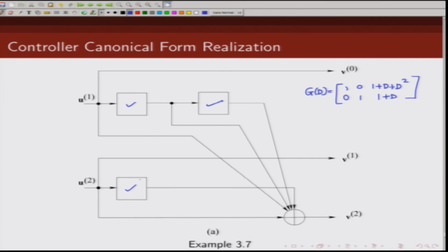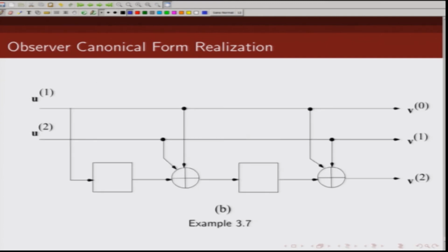Now, let us see the observer canonical form realization. Again, let me write down my generator matrix. This is 1 0 0 1, 1 plus D square, 1 plus D. So, we said one set of shift registers for each of the coded bits.